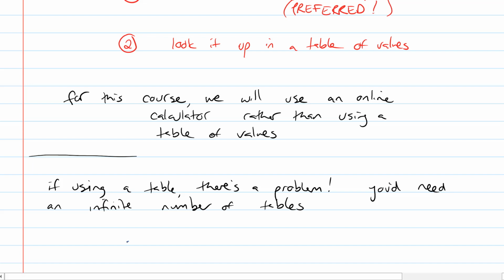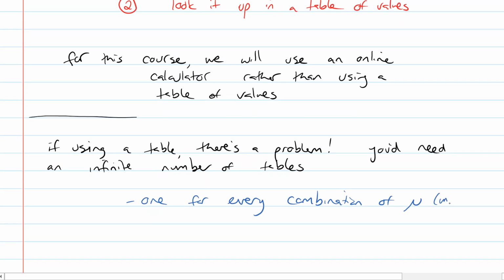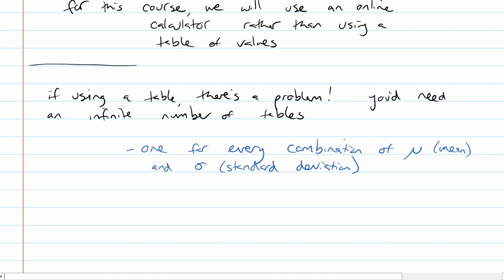Because you'd need one for every combination of mu, the mean, and sigma, the standard deviation. And the question is, so what do you do then?